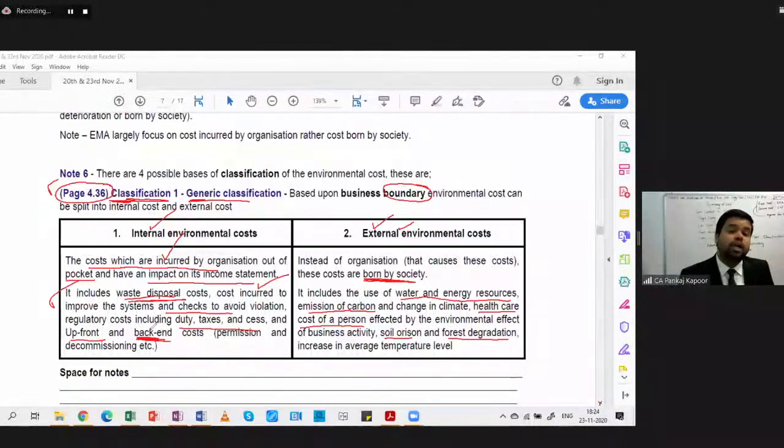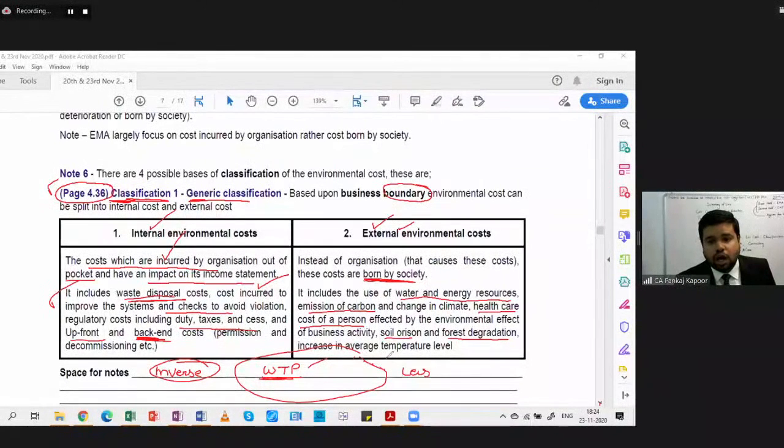Now, one important thing. There is an inverse relation between the internal cost and external cost. If the company installs a water treatment plant, then obviously the pollution outside the factory will be less.